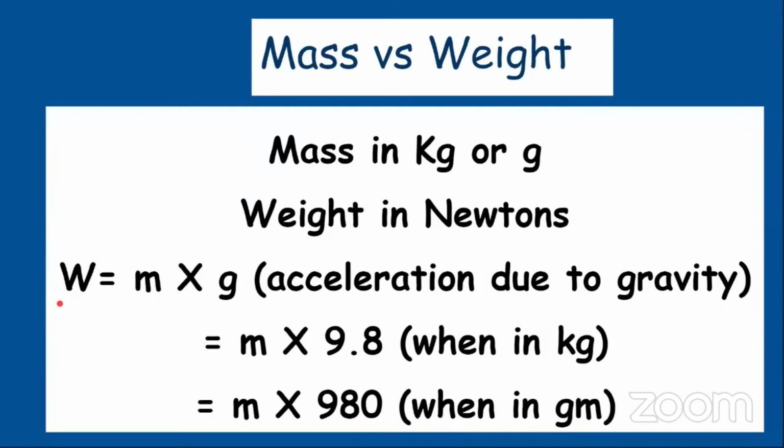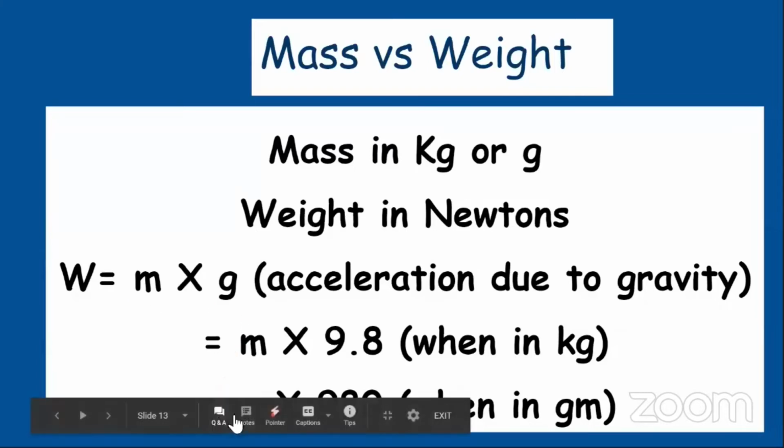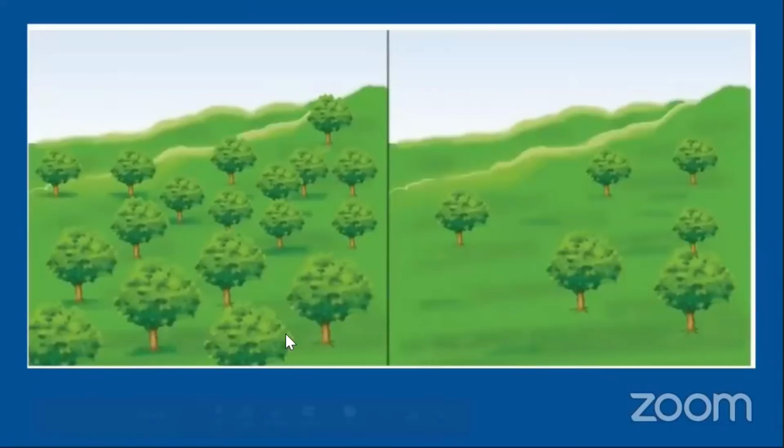Even when we put something on my hand, I sense its weight. But what we are specifying or saying is often mass in kg. When we are saying kg, we mean mass. Kg or gram is actually mass.